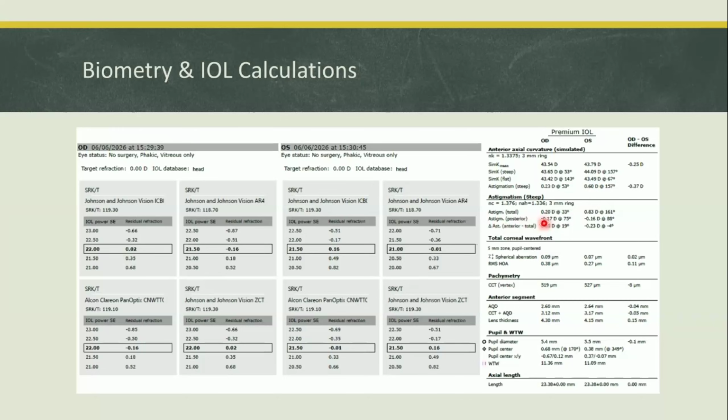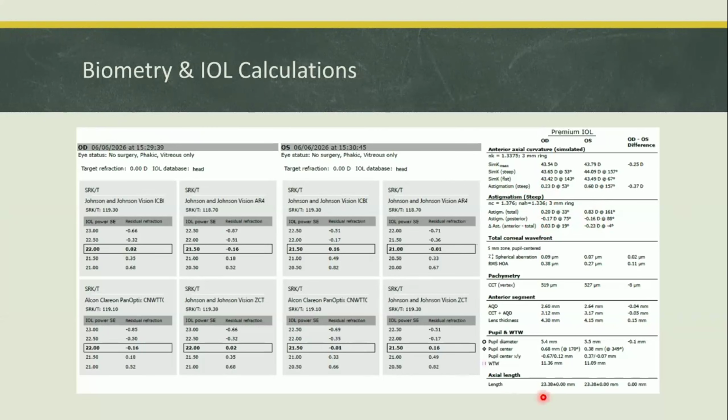We have to look for the total astigmatism, the steep K value and flat K value, and the anterior astigmatism. This patient has anterior astigmatism of 0.23 diopters in the right eye and 0.6 in the left eye. The total, which includes anterior and posterior, is 0.20 diopters for the right eye and 0.60 diopters for the left eye.